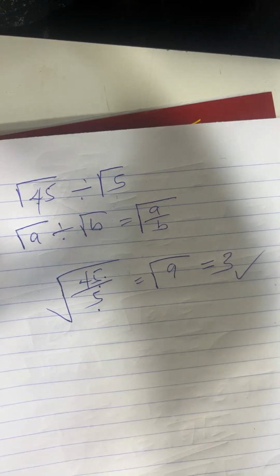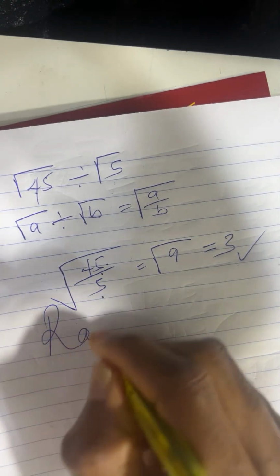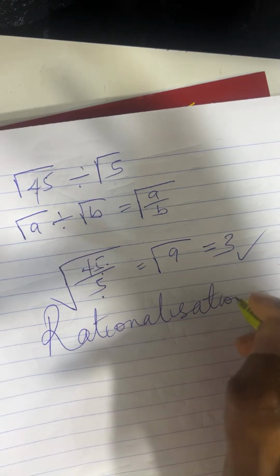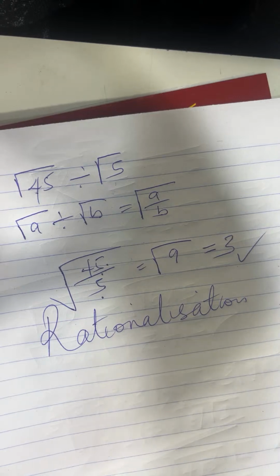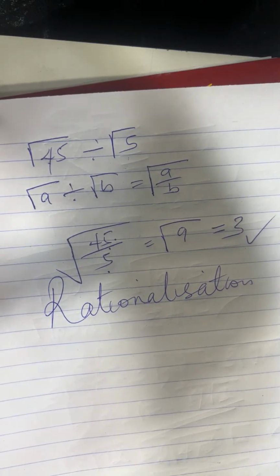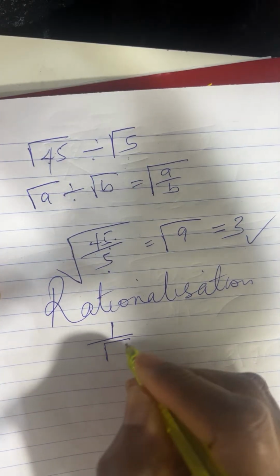So let's look at the next one, which is rationalization of surds. What do we mean by the term rationalization of surds? To rationalize surds, it is very, very easy. Our goal here is to remove the irrational part from the denominator. Let's say we have 1 over root 3.